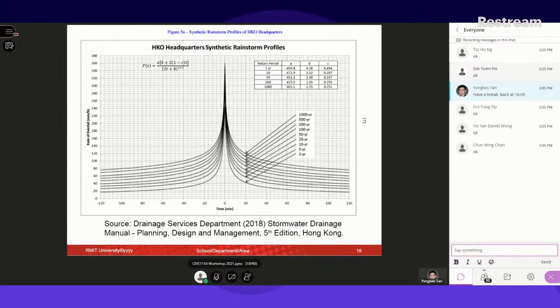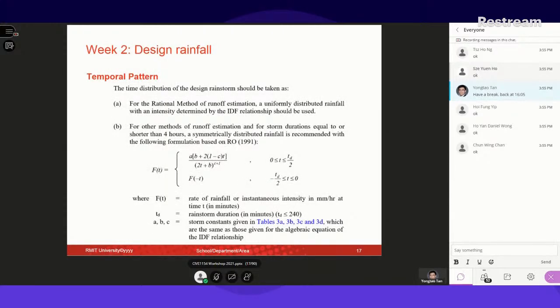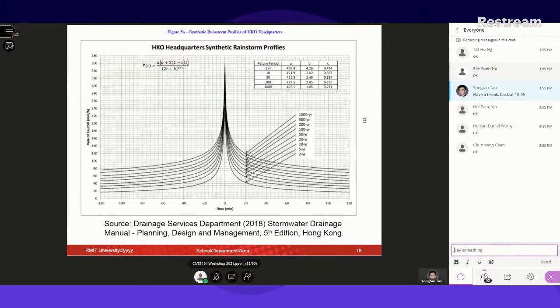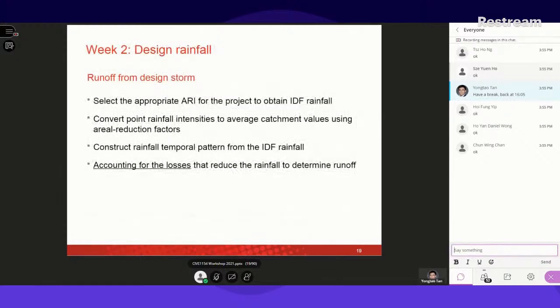This slide is also showing the runoff estimation for other methods. This is also from the manual.